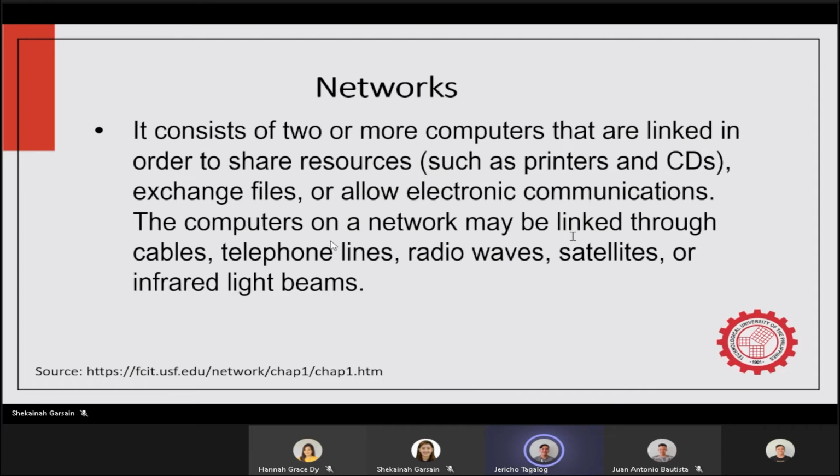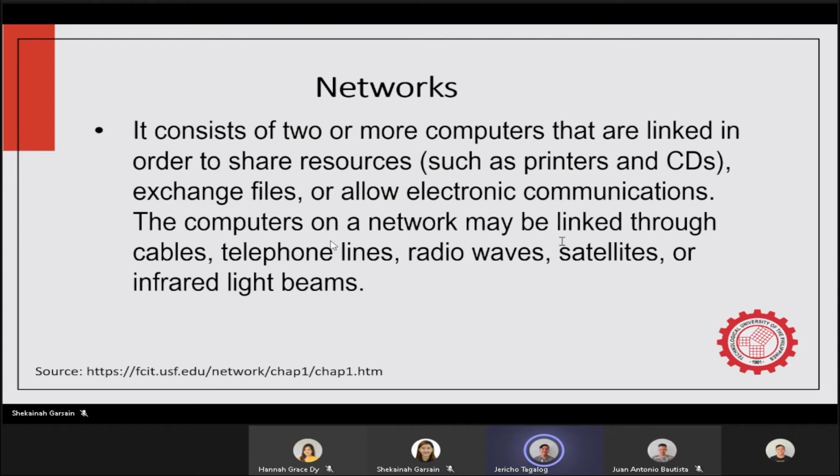So, sabi ko kanina, para makagawa ng isang server, kailangan ng multiple networks. So, sa networks naman, para magkaroon ng isang network, kailangan naman ng multiple devices or computers, kagaya ng printer, sabi. Example na yun, so pwede computer and printers magko-connect para makapag-form ng network.